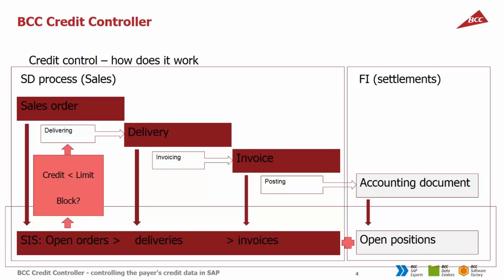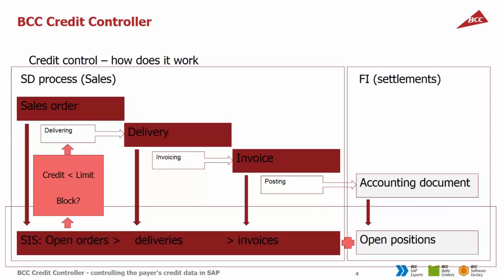So how does it work in detail? On the slide we see how this process looks broken down into individual modules. On the left we see what elements of the process run on the sales and distribution side, and on the right what is happening on the finance side.